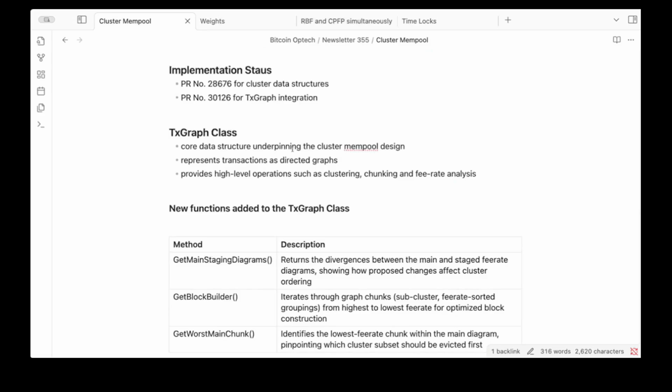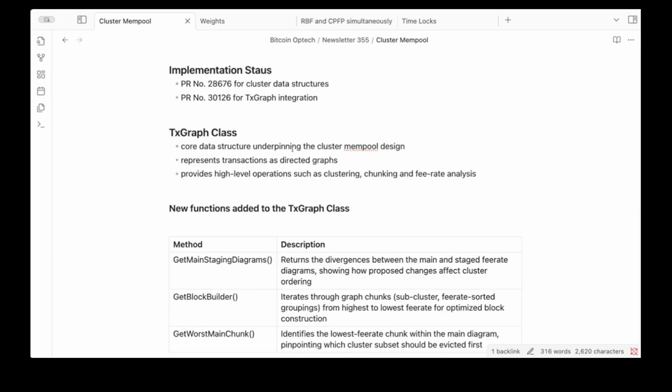All these directed graph structures, nodes, and edges are encapsulated in the Txgraph. It provides high-level operations that you can perform on the cluster, such as clustering and chunking. You can perform fee rate analysis, create a list, sort the list, and all. So you can do all these high-level functions on the cluster mempool. That is what this class is for.